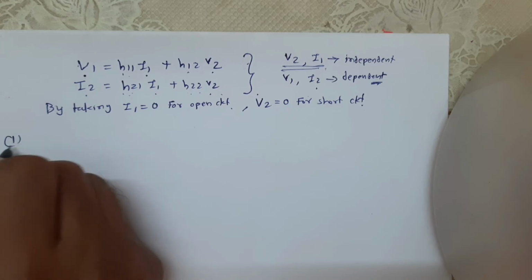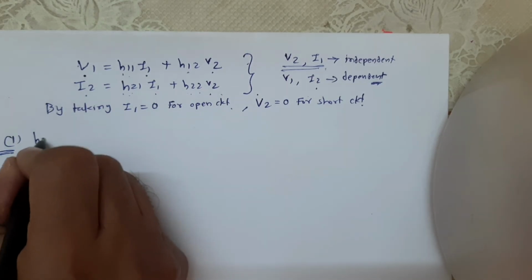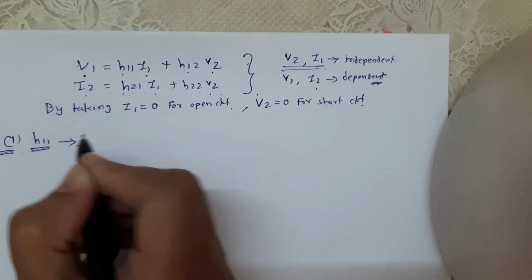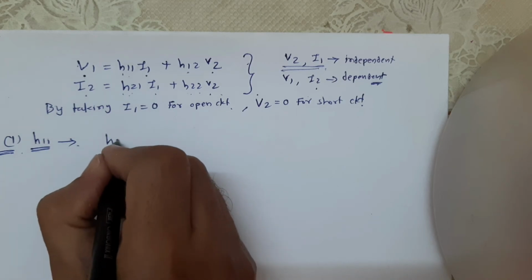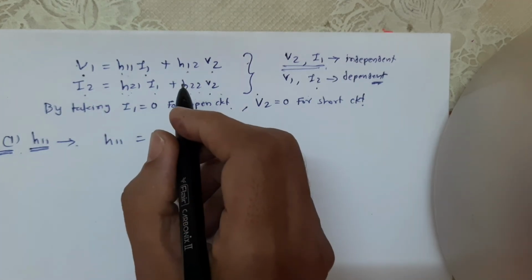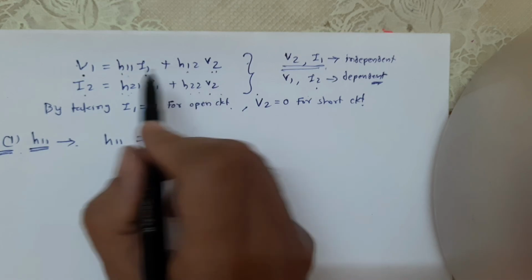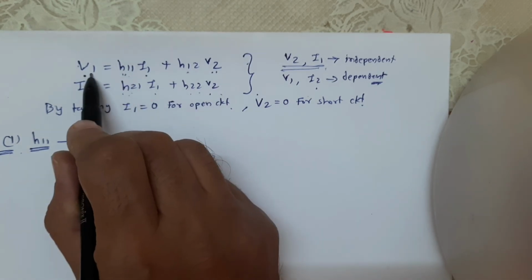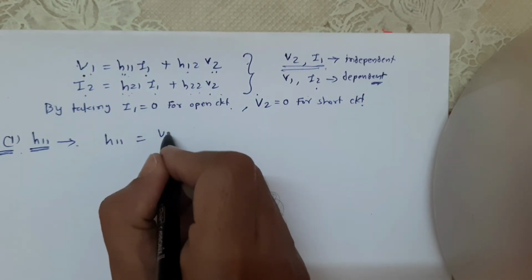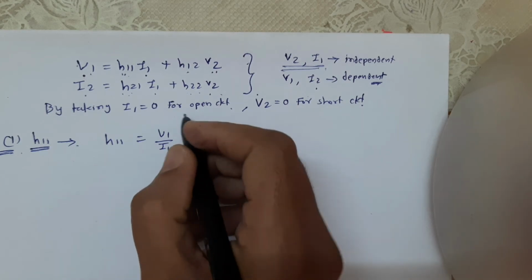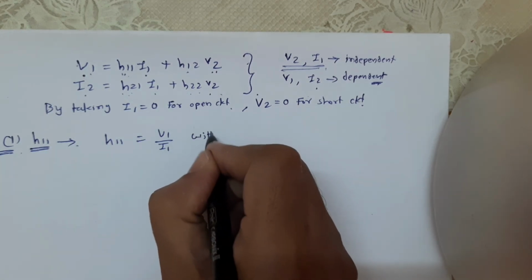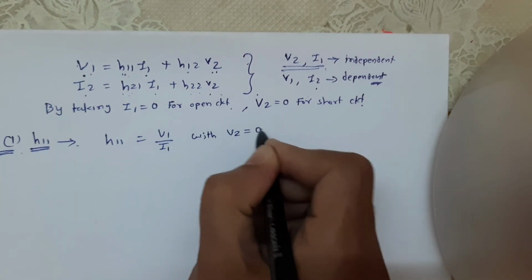So first, to find H11, we put V2 is equal to 0, therefore H11 is equal to V1 upon I1 with V2 is equal to 0.